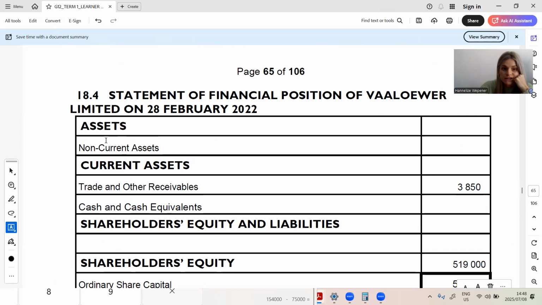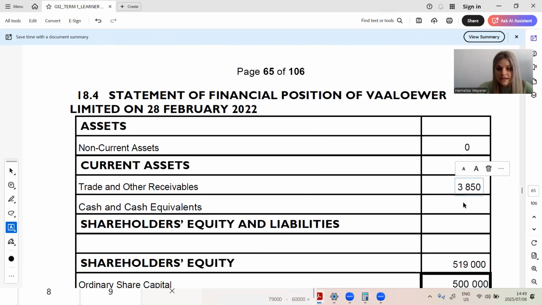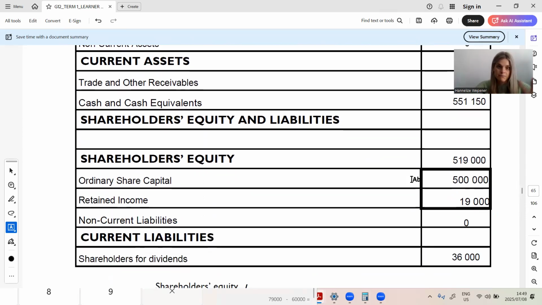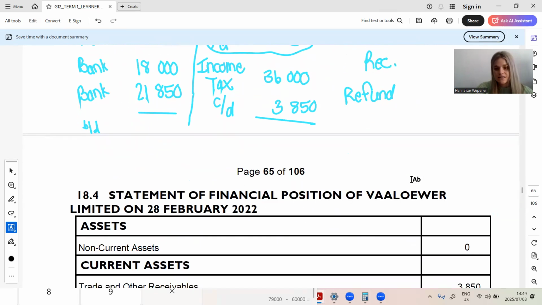Then the only thing that we have under assets, we don't have any non-current assets, so that's the 0. But we do have trade and other receivables. So we're going to subtract that to find the difference. And this over here is the balancing figure. That's my cash and cash equivalents. Okay, so just finding the balancing figure to make it balance. And that is it for a quick and easy SFP.